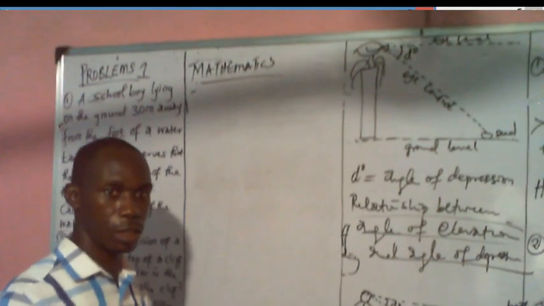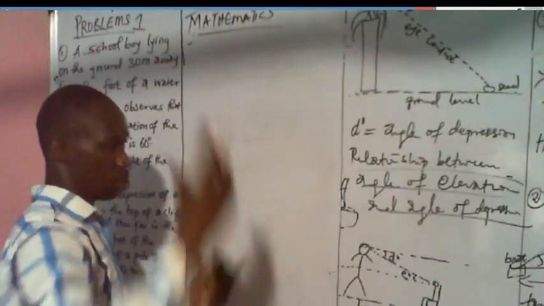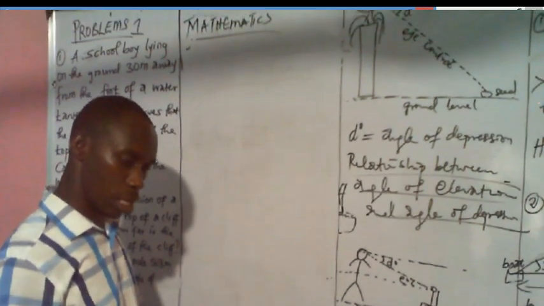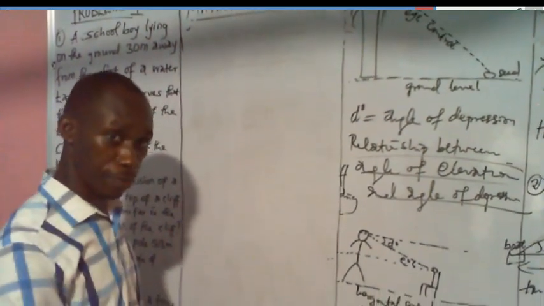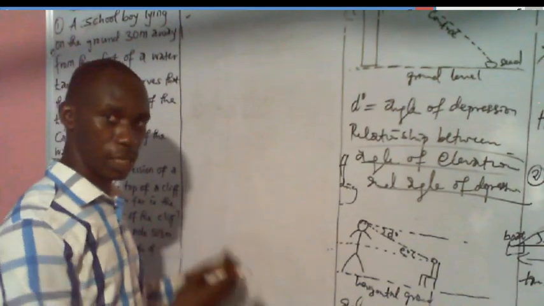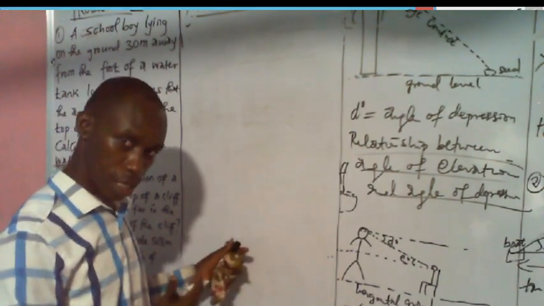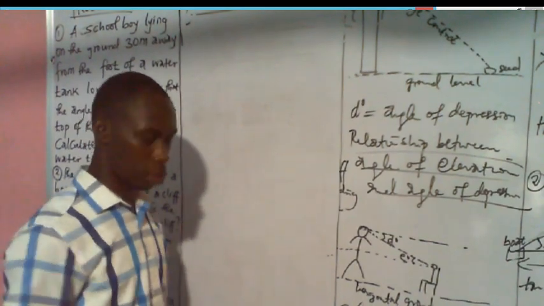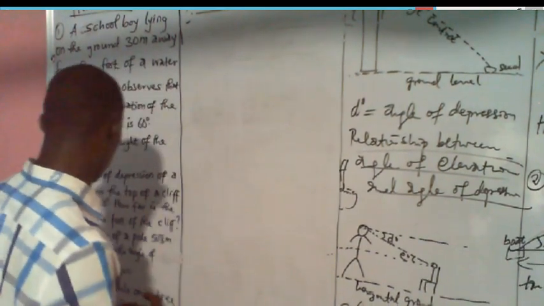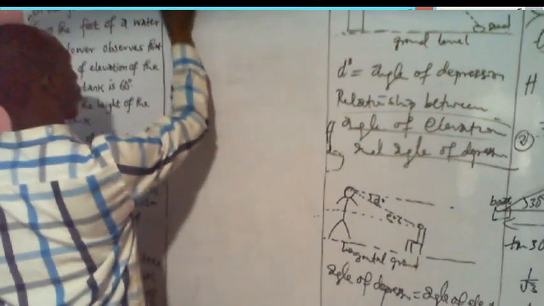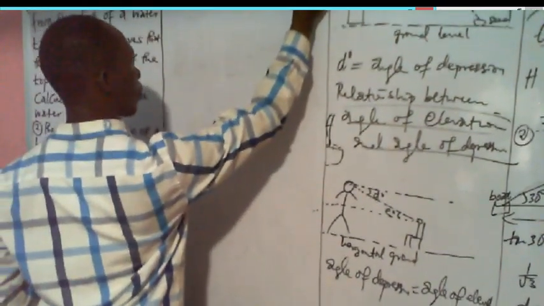Normally, when the sun is on a man, it creates a shadow of him, usually behind him, if he's in the direction of the sun. Now, for us to find the angle of elevation of the sun, this should be the sun.